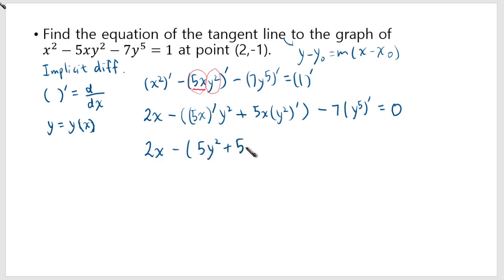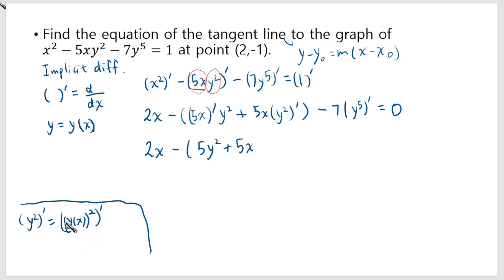And here's another part that you have to be very careful about. What is y squared prime? So let me do the calculation over here. Well, as I said, y is a function of x. So what you really have is y, which is a function of x, nested inside the square function, and you're differentiating it, right?